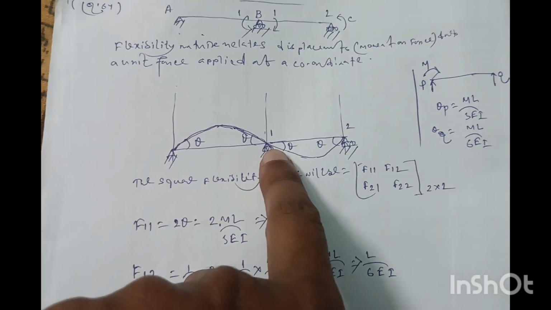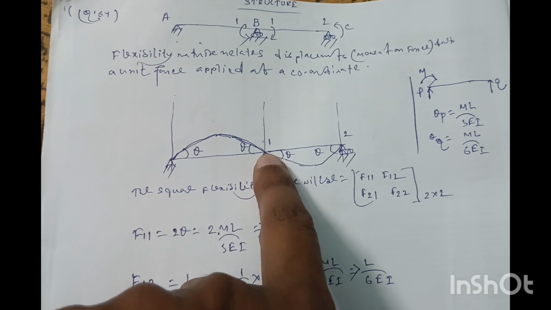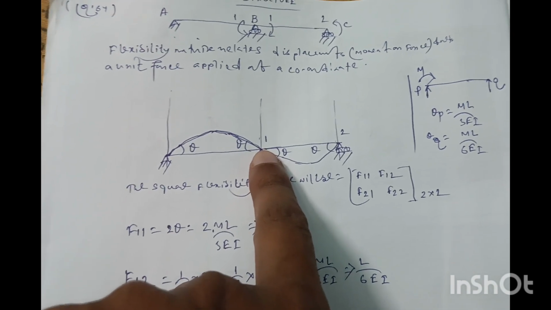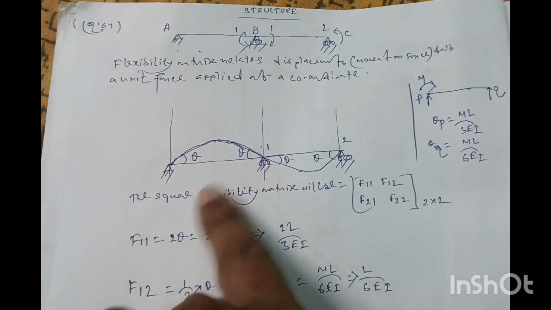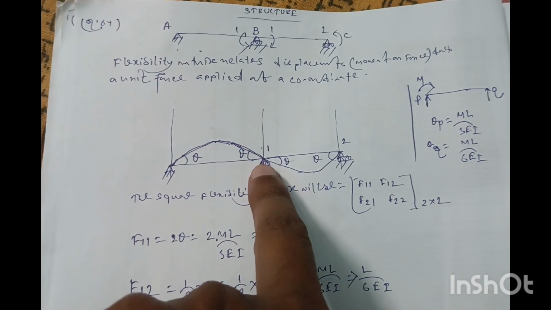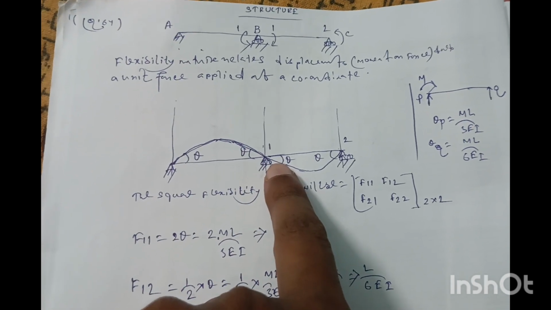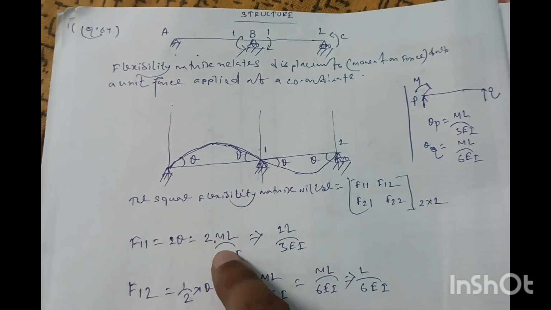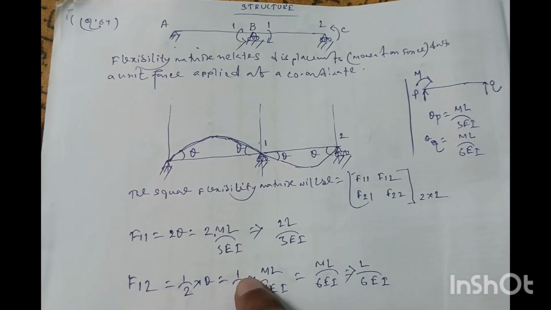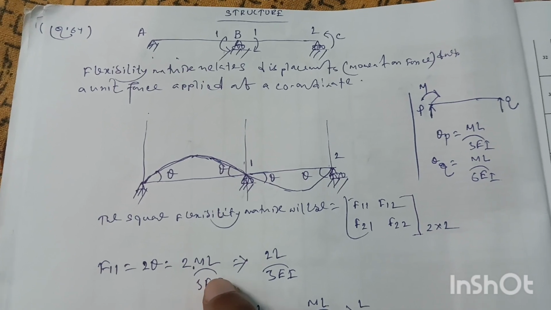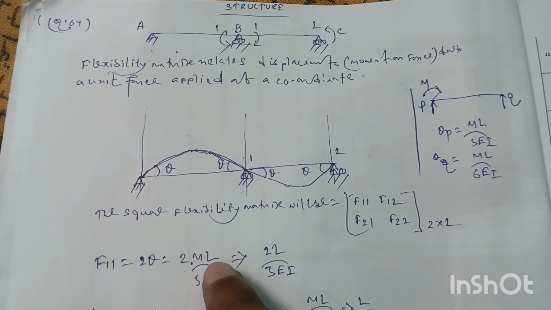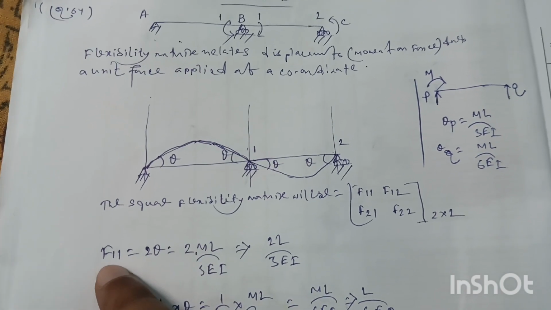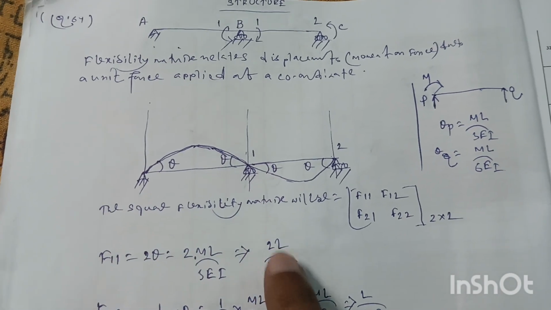The value of theta at this end at coordinate 1 will be ML by 3EI, but as it is 2 theta, or moment applied twice, the value will be multiplied by 2, so 2 into theta equals 2ML by 3EI. Now we know the unit moment flexibility value is determined considering the unit moment, so M equal to 1, so F11 will be equal to 2L by 3EI.